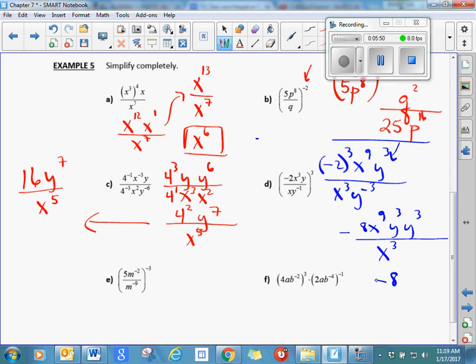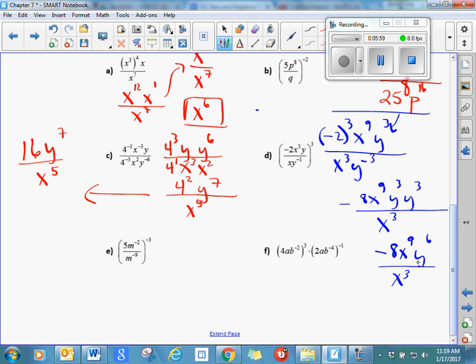So this is minus 8, x to the 9th, y to the 6th, all over x to the 3rd. One more step, because you have x's, and they're like bases. It's a quotient, so we're going to subtract. Minus 8x to the 6th, y to the 6th, and all of our factors in the denominator fell out. So this is our answer.